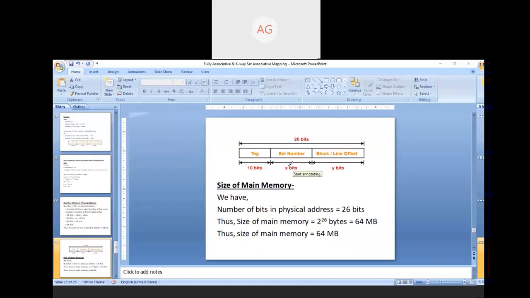Our diagram will be like this: 10 bits are there in the tag, x bits in the set number, and y bits in the block offset. As we already found out, x plus y is 16 bits.